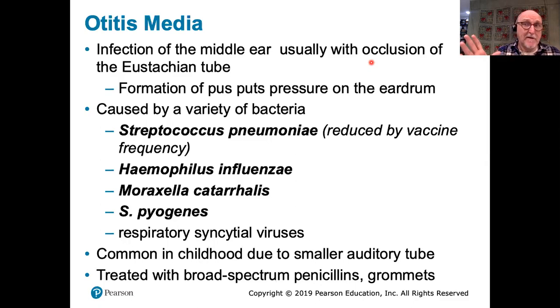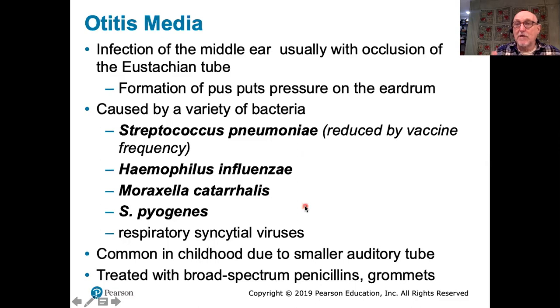There are various bacteria, any bacterium basically that gets into the middle ear and is able to colonize it and set up that situation. There are numerous of them that will do it. The various streptococci can do it. But Streptococcus pneumoniae used to be one of the main ones, and is now less common because, again, there are vaccines for Streptococcus pneumoniae.